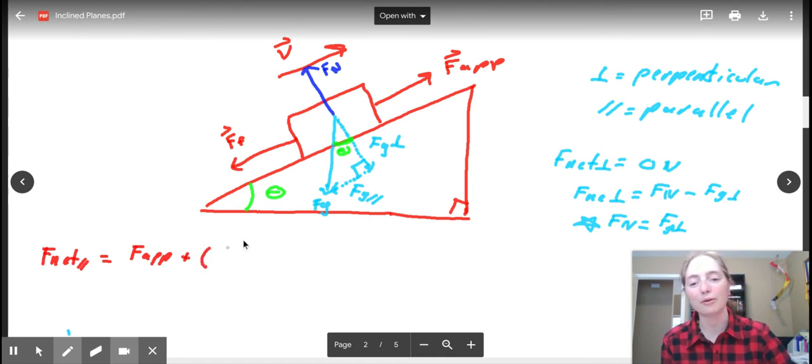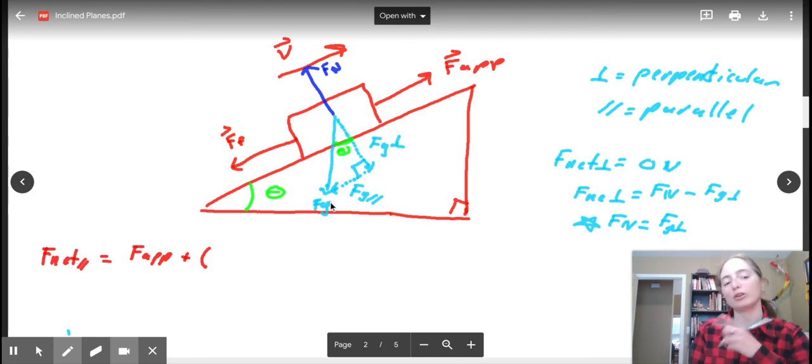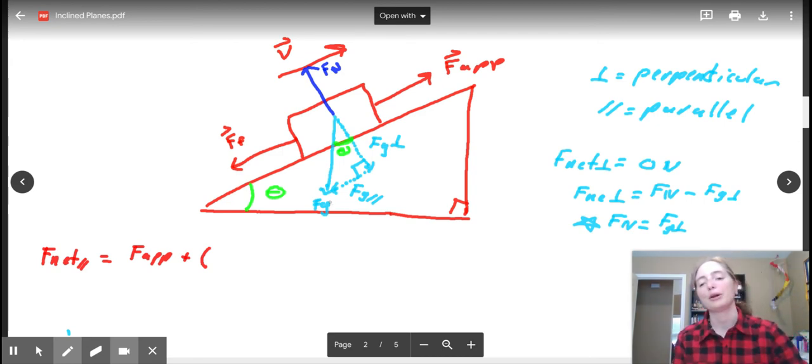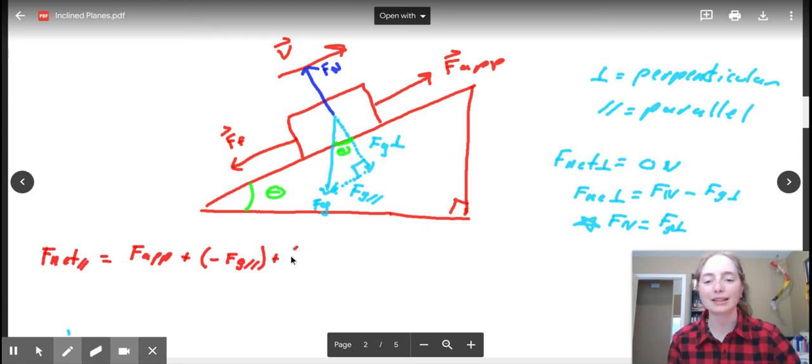And now my FG parallel always goes down the ramp. So that means FG parallel in this case is going to be negative because it's opposite to our direction of motion. And then we are also going to have our force of friction. So our force of friction is also going to be negative.